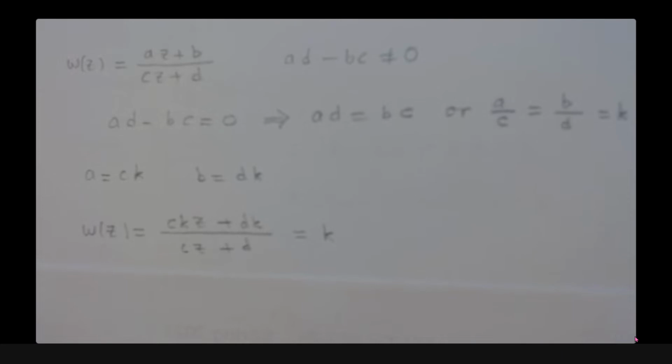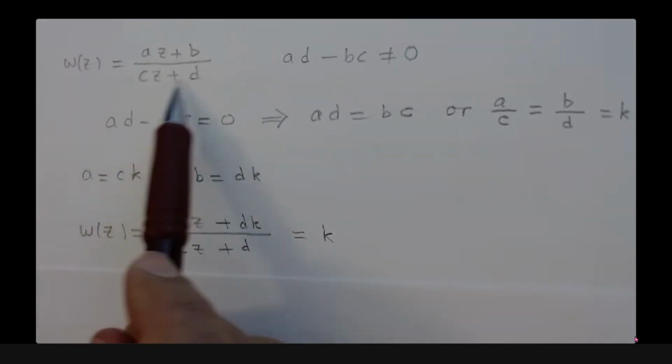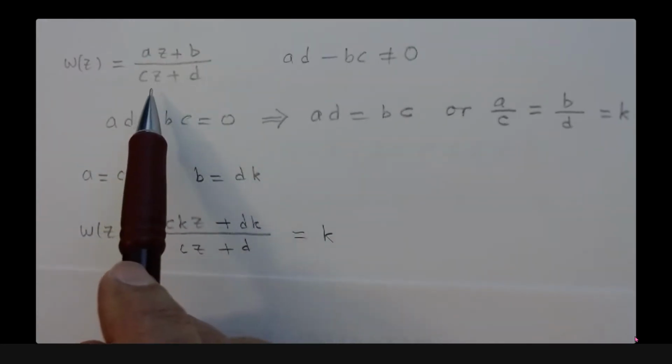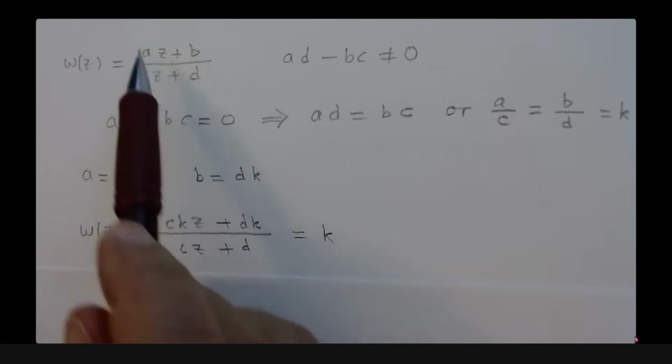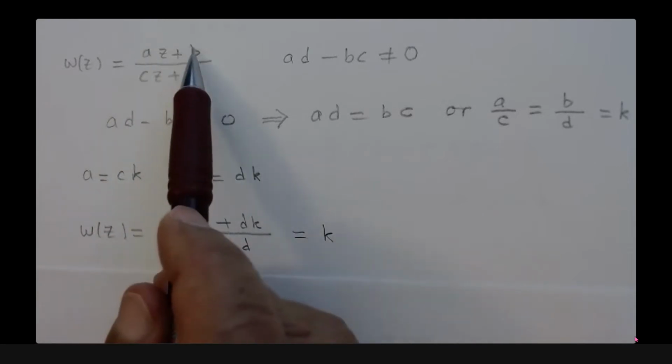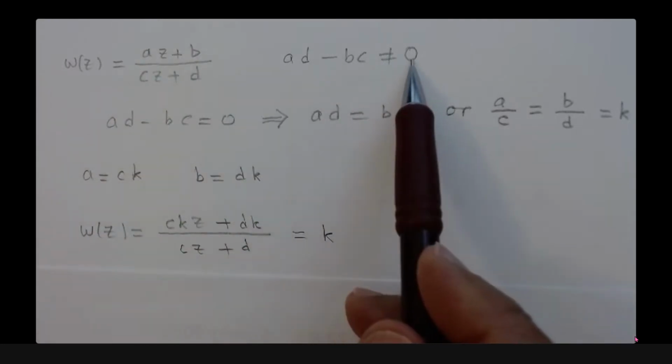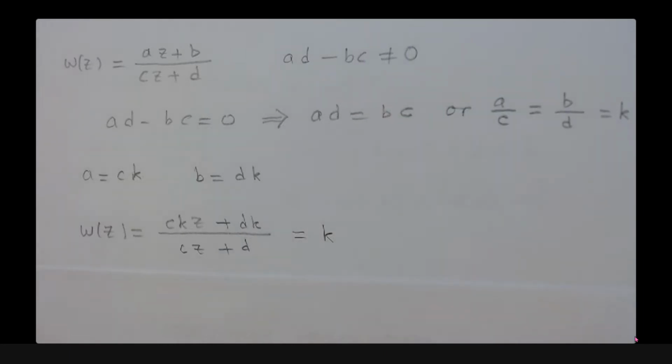So in order to avoid getting a constant, we always impose this condition that whenever we deal with this function, A times D minus B times C be non-zero. Okay. All right.